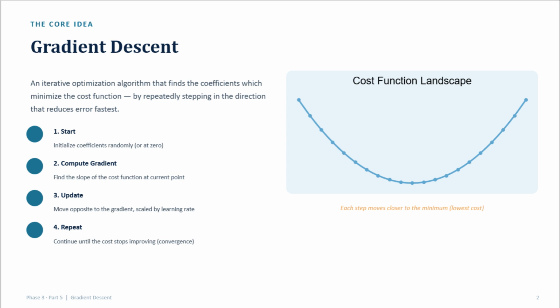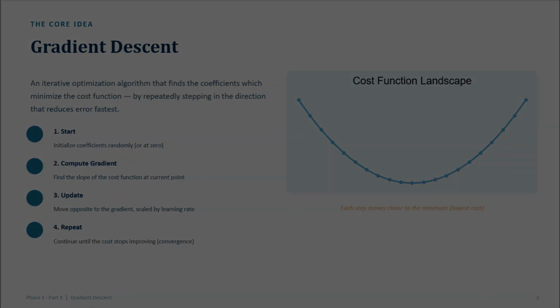Then we calculate the gradient, which tells us the direction in which the error increases the fastest. Instead of moving in that direction, we move in the opposite direction, because we want to reduce the error. We repeat this process again and again until the cost function stops decreasing. You can think of it like walking down a hill. At every step, you look for the steepest downward direction until you finally reach the lowest point.